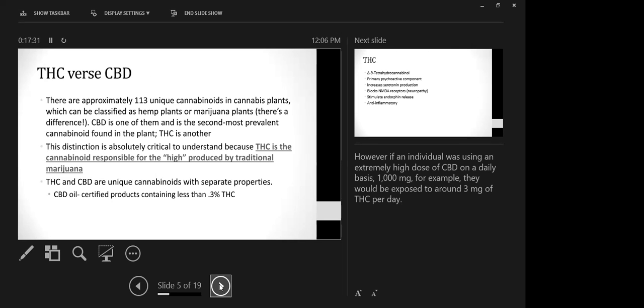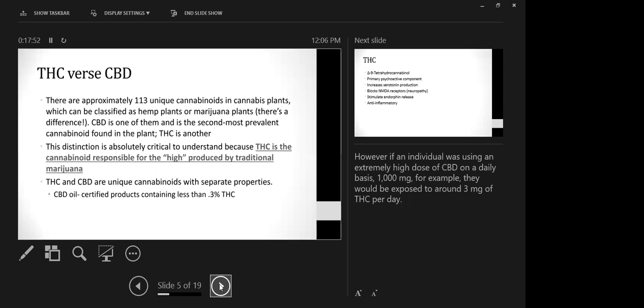So THC versus CBD. There are approximately 113 unique cannabinoids in cannabis plants, which can be classified as hemp plants or marijuana plants. CBD is one of them, and it is the second most prevalent cannabinoid found in the plant. THC is another.